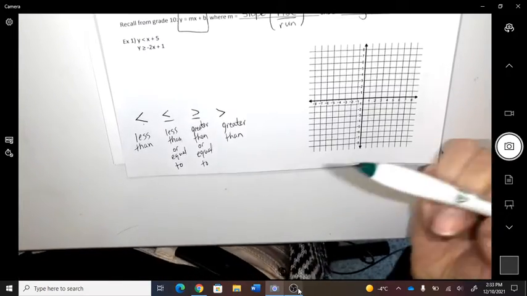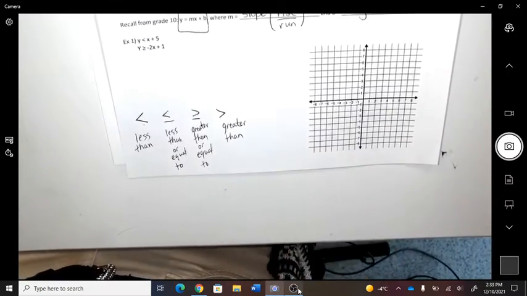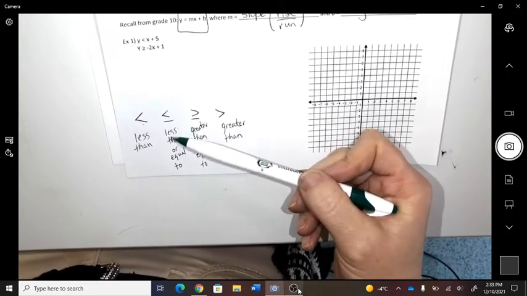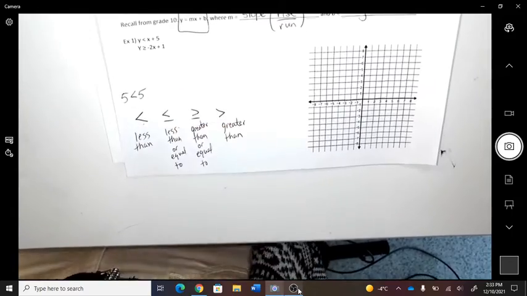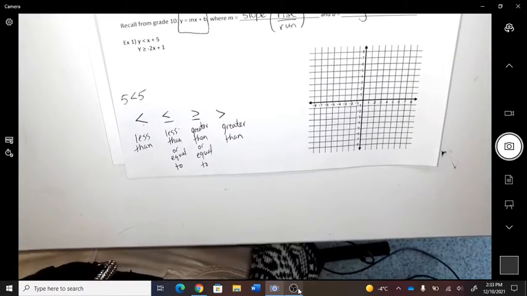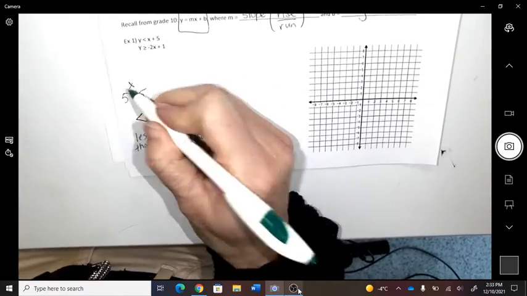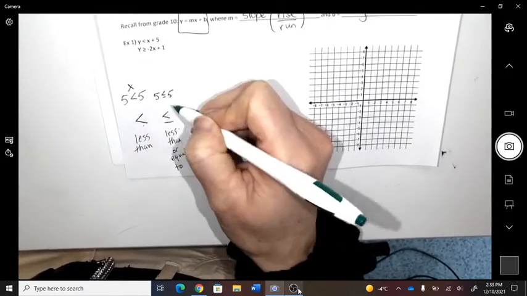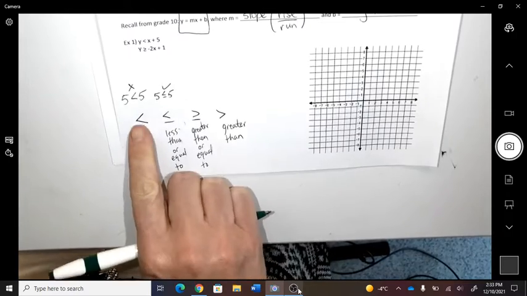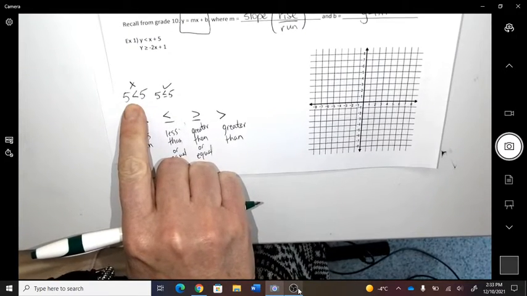Okay, if you are less than something compared to less than or equal to something, could this work? Does that work? No. Does this work? Yes. So this, you can't be exactly there.